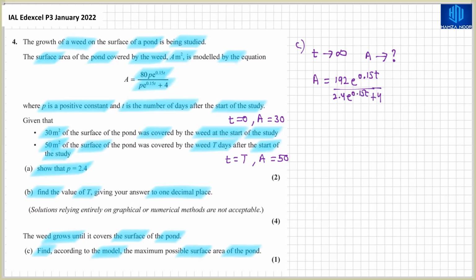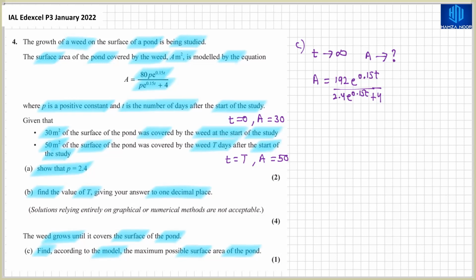If you use this equation, and as you know the weed keeps on growing until it covers the surface of the pond, this means that t would approach a very large value. So we need to check what is happening to the value of area, to which particular value the area is approaching.